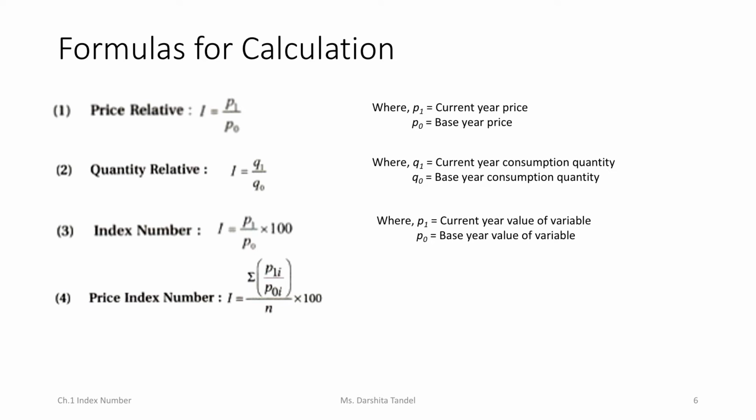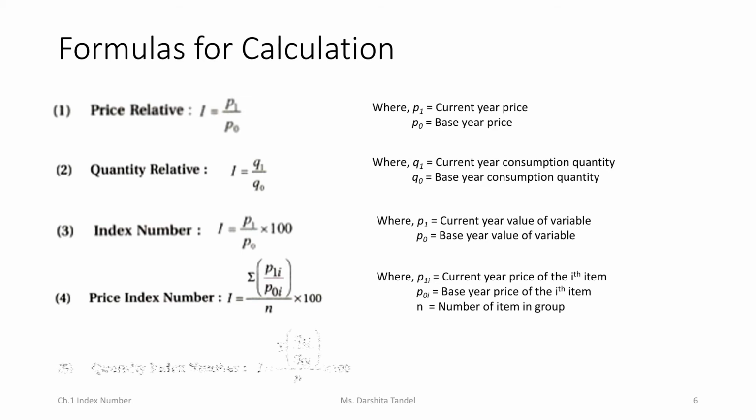Fourth, price index number is equal to sigma of P1i divided by P0i, whole divided by n, into 100, where P1i is equal to current year price of the ith item, P0i is equal to base year price of the ith item, n is equal to number of items in group.